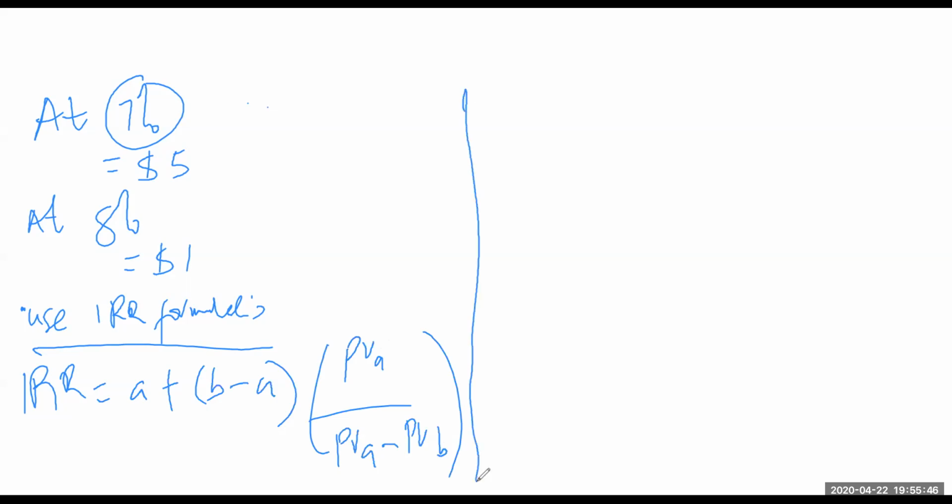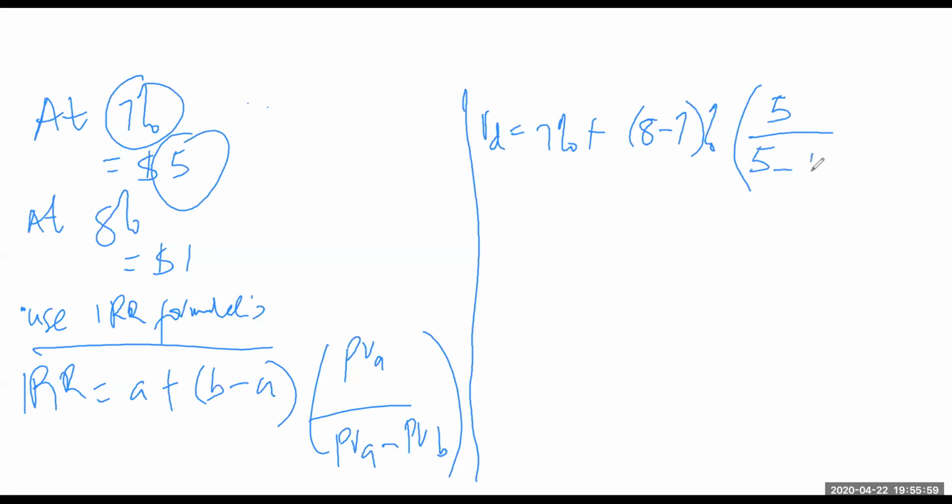Therefore, we can see the cost of debt. Applying the formula, A is 10%, then 8 minus 7 percent, the value at 10% we got positive 5, so 5 divided by 5 minus 1. And that will give us the cost of our debt here. What do you get? I've simply applied the IRR formula from our attempt here, and I get 8 point something.